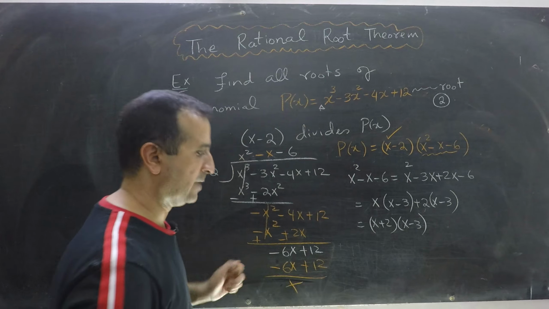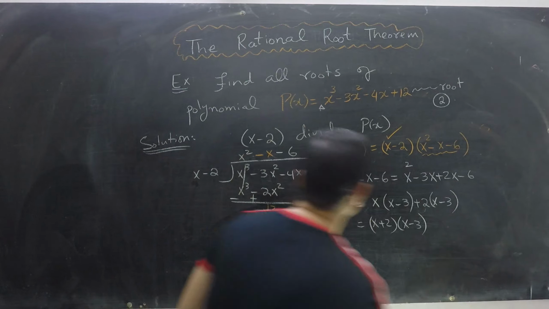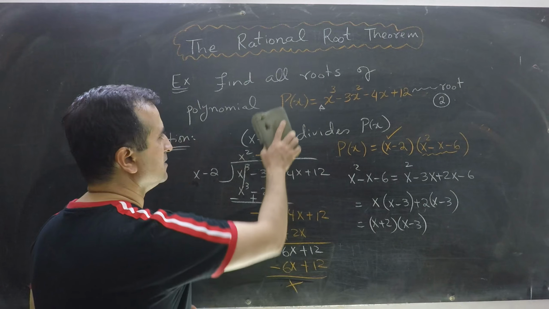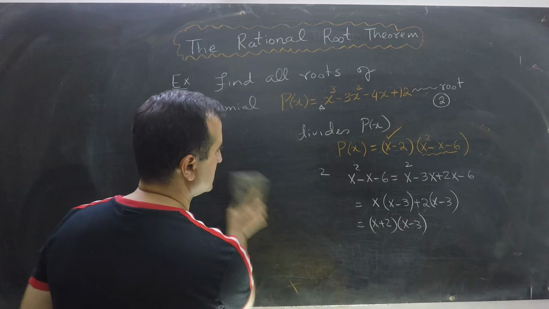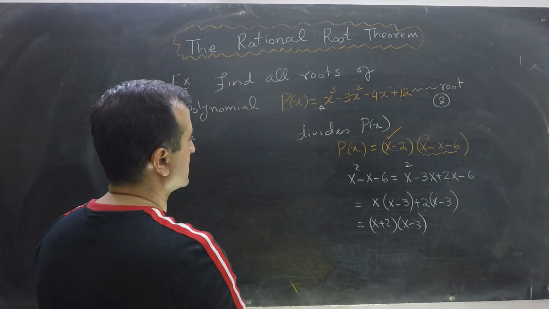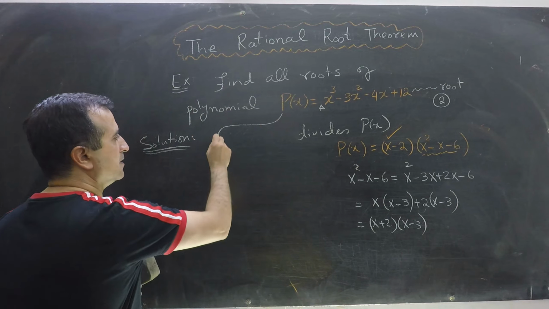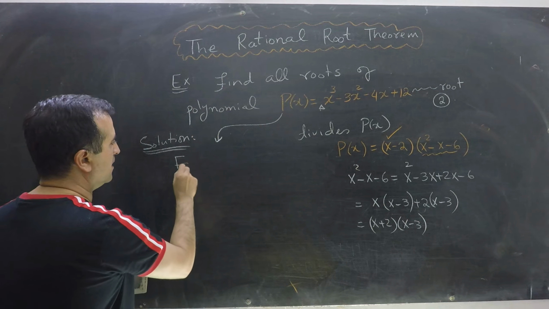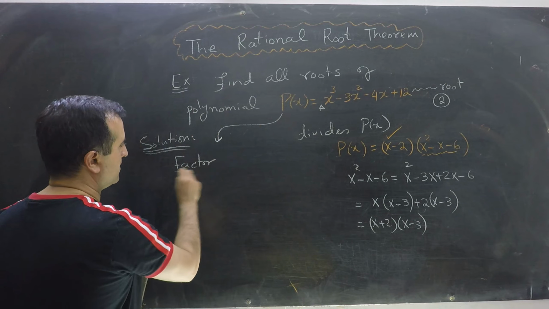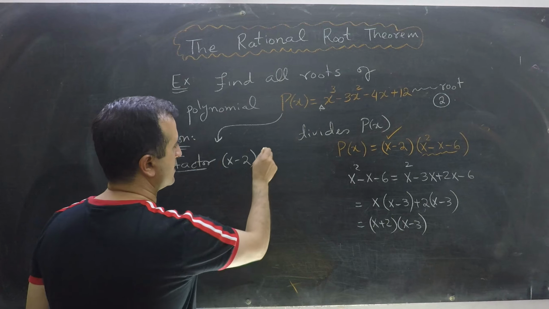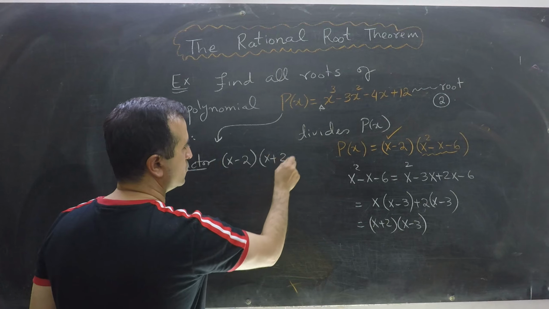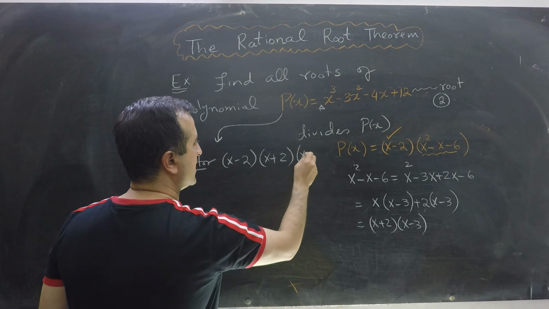Let me clearly write my answer. So we have found that this polynomial has 3 factors and 3 roots, which are as follows. Its 3 factors are x - 2, x + 2 and x - 3.